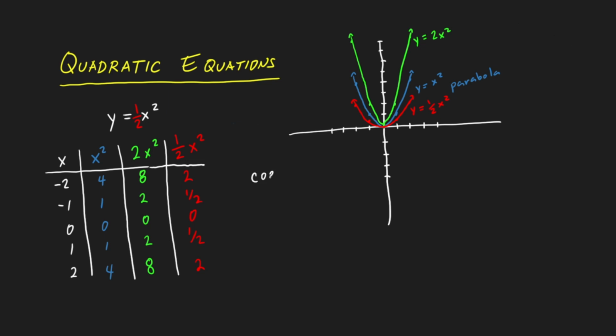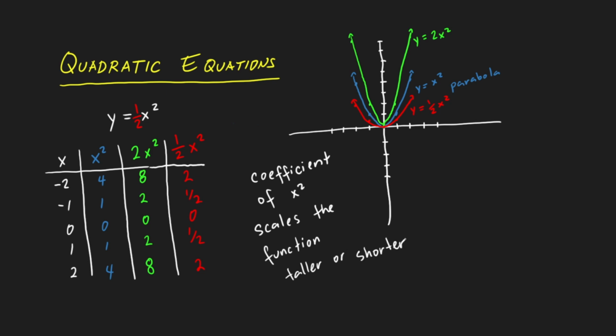So the coefficient of x squared scales the function taller or shorter. That's just the point that I'd like to bring to you guys.